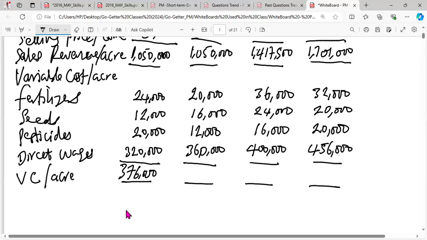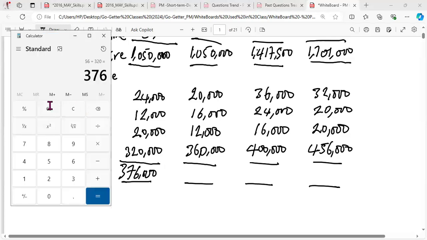I'll do the same thing now for the second one here. 20 plus 16 plus 12 plus 360. That's 408,000.